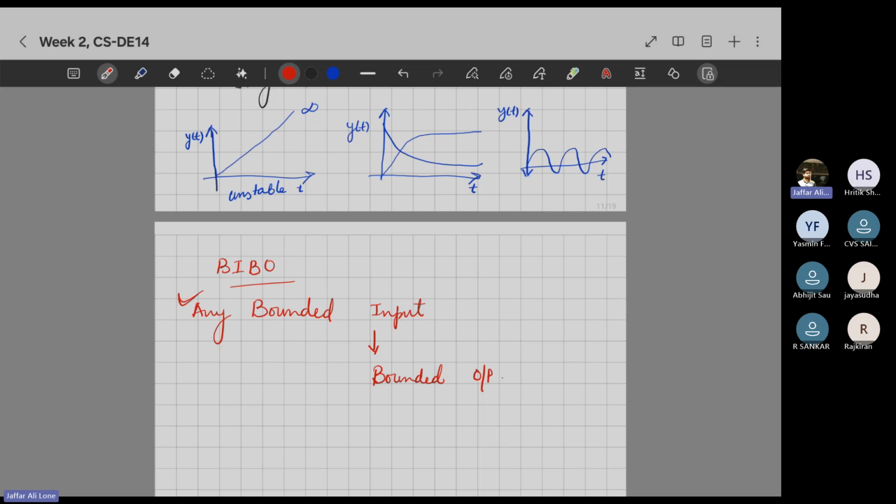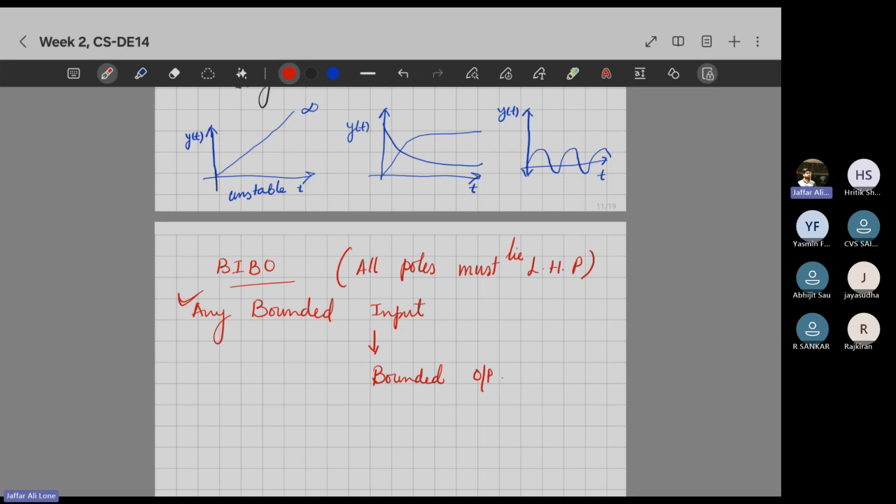The criterion for a system to be bounded input, bounded output stable is that all the poles must lie strictly in the LHP, left half plane. That means if we provide any input, the output will be bounded.